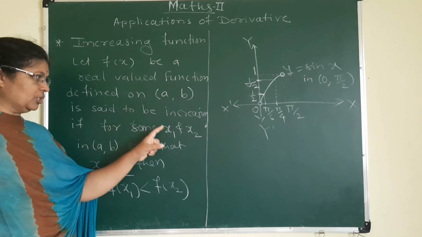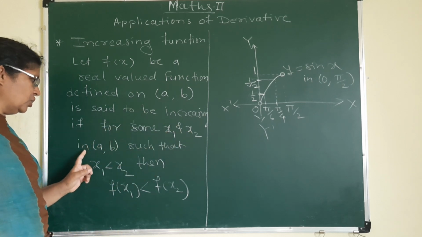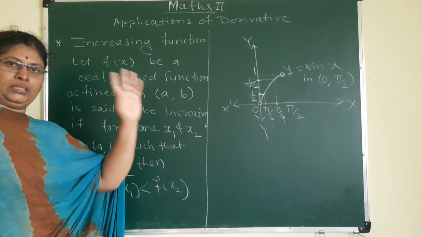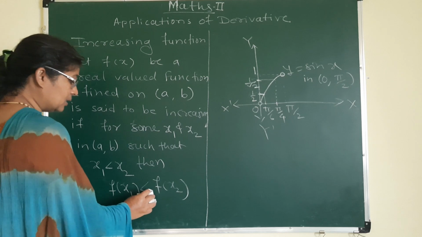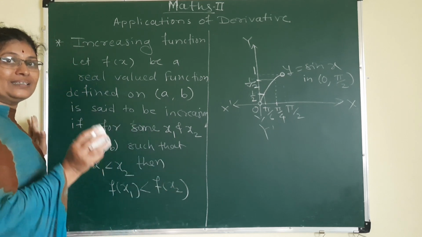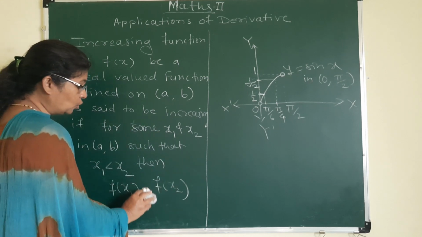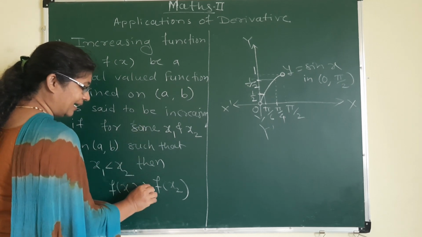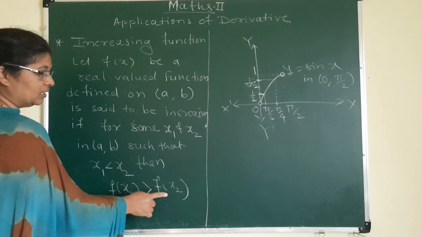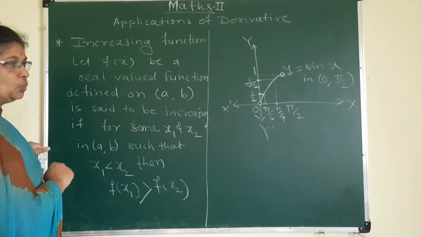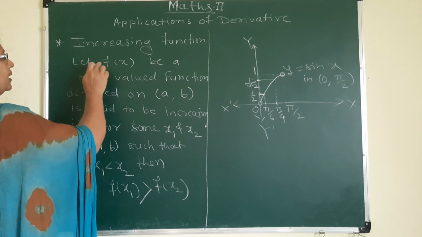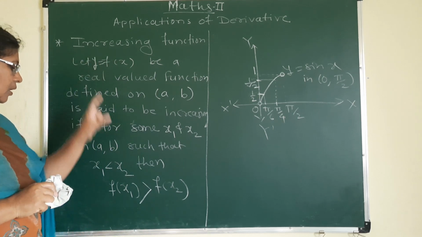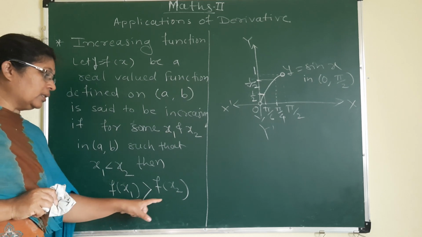If for some function, x1 and x2 are such that x1 is less than x2, the values of x are increasing, but at that time the values of y, that is f of x, will be decreasing, meaning f of x1 is greater than f of x2. You may also write this function as y is equal to f of x.